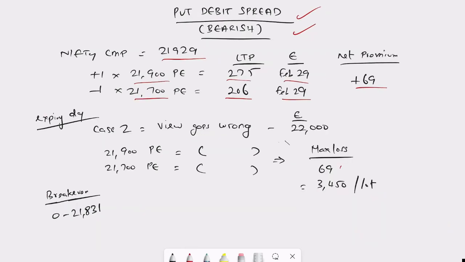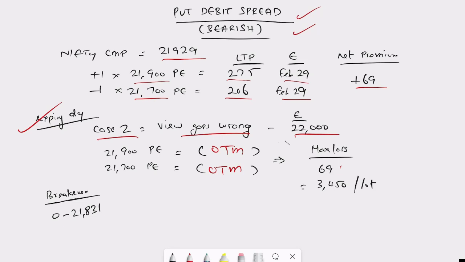Okay, now for the same put debit spread on the day of expiry, scenario 2 where the view has gone wrong, right? So instead of turning bearish, the Nifty turned bullish and it closed at 22,000. Now what will happen to both these options, 21,900 and 21,700 put option? They will be out of the money, right? Since both the strikes closed out of the money, both the premiums will go to 0.